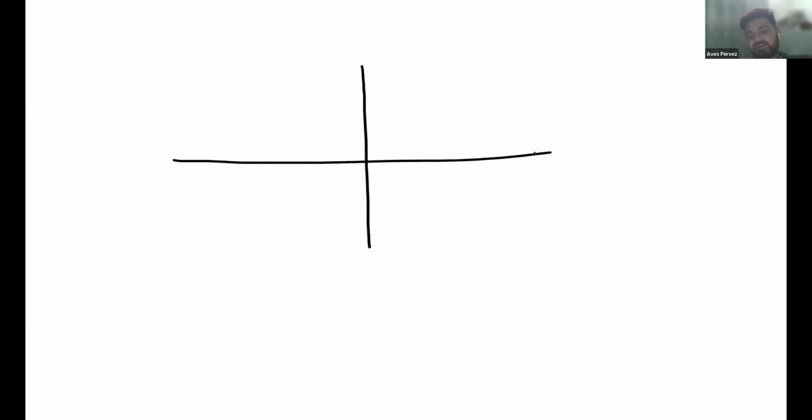For example, this is the x coordinate, this is the y coordinate. If I'm saying that the perpendicular distance from this x is 5 units, it means that if a line is passing through +1, +2, +3, +4, and then 5, let this be a line parallel to the x-axis.